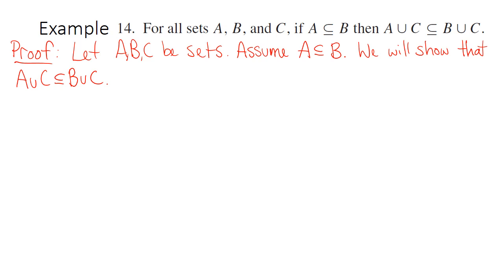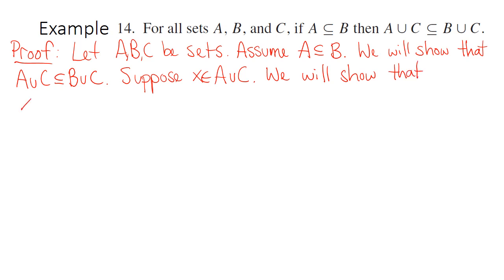The way you do it is you suppose that you have an element in the first one. So suppose X is an element of A union C. And now what you need to do is show that X is also an element of B union C.